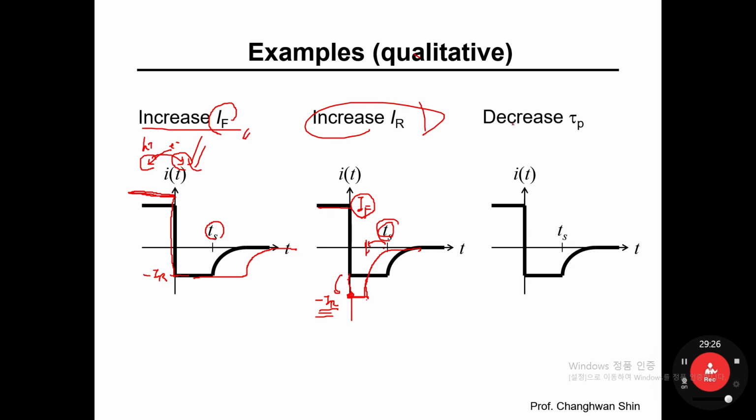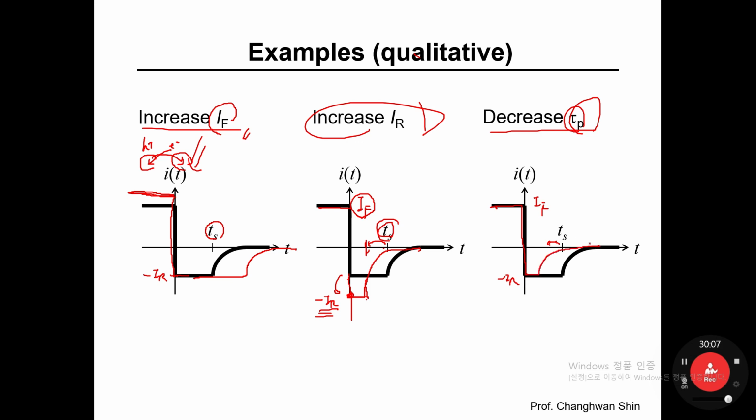And the last one is what if we are decreasing the minority carrier lifetime? Lifetime indicates how long the minority carriers can survive in the sea of majority carriers. If we decrease this minority carrier lifetime, the recombination events in the quasi-neutral regions would be more activated, or stronger, so for the given IF and minus IR, the storage delay time becomes shorter, so you will see this curve.